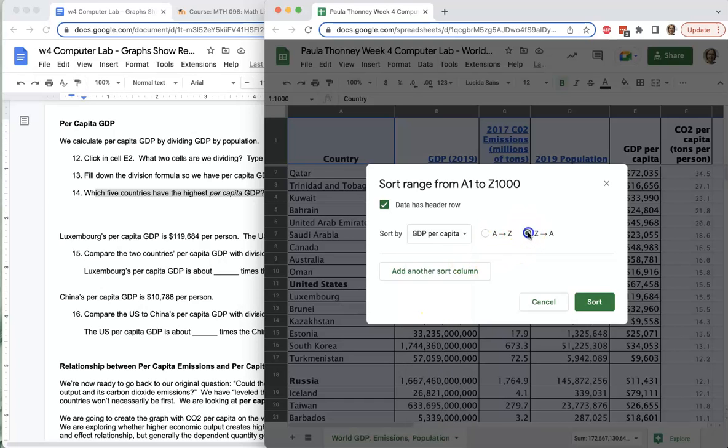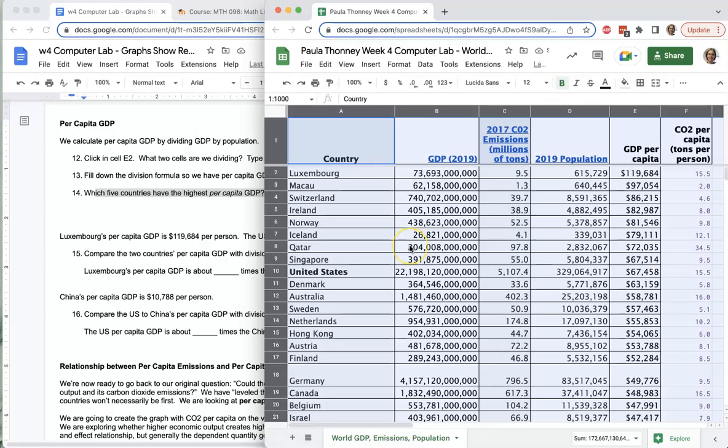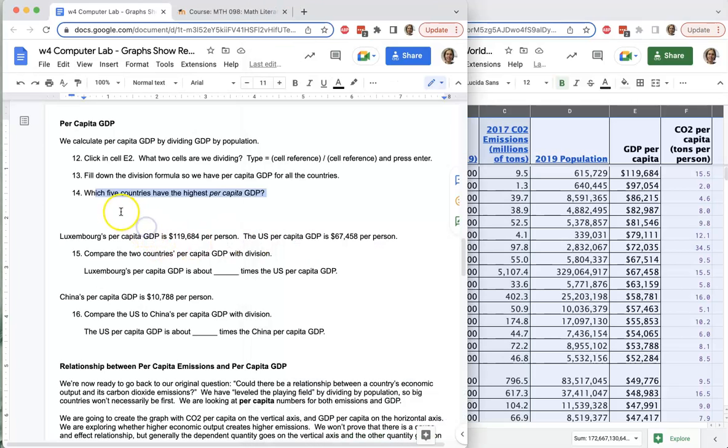GDP per capita, Z to A. All right, so once again, Luxembourg, Macau, Switzerland, Ireland, and Norway are at the top. So that would be the answer for that.